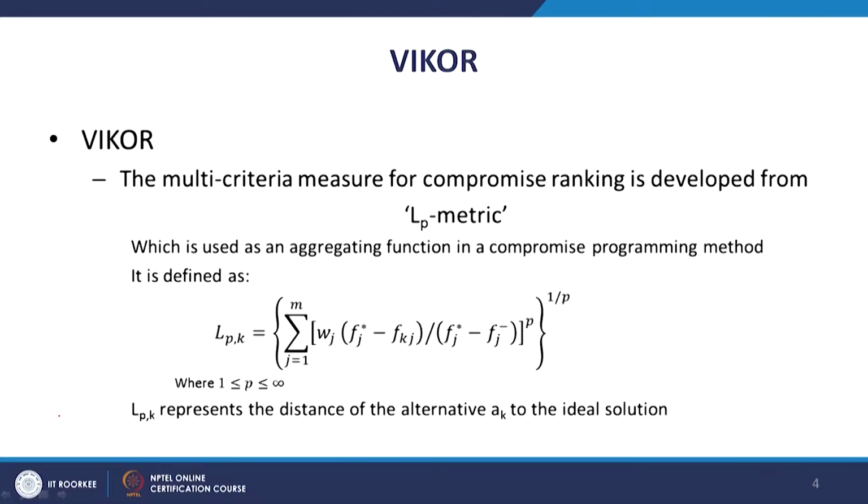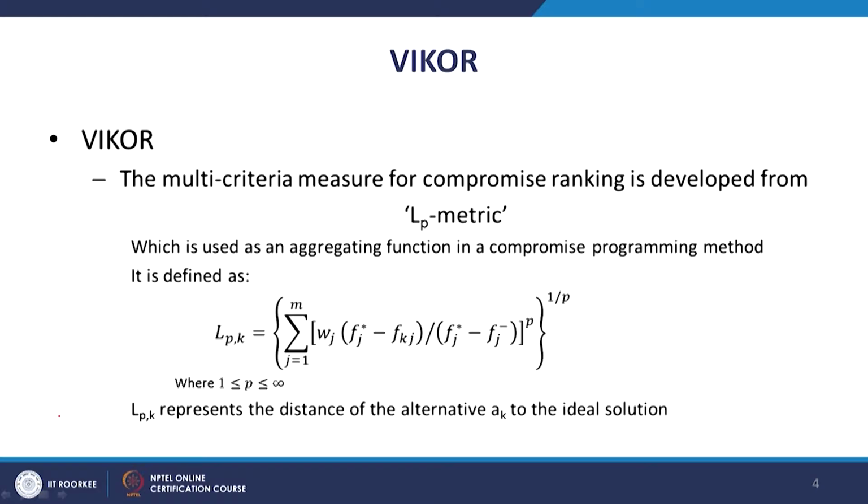This metric is typically used as an aggregating function in another method referred to as the compromise programming method, and it has been taken from there. How this metric is defined you can see in the slide.